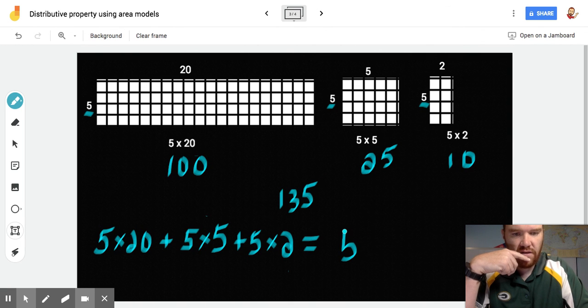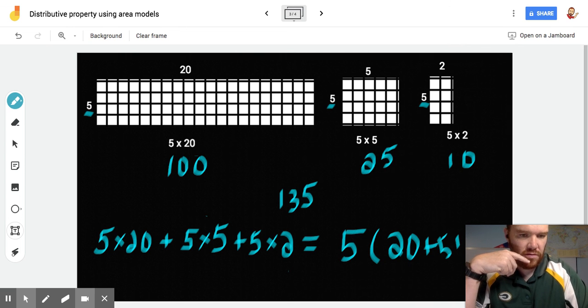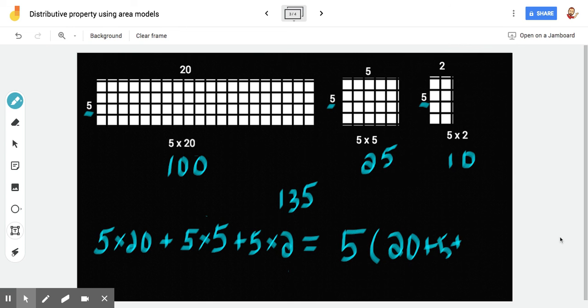So 5 times (20 plus 5 plus 2), oh, gotta get rid of this garbage, okay?